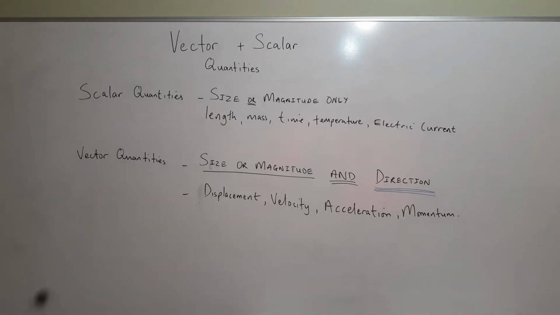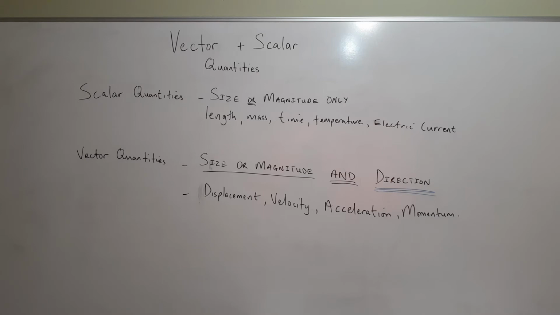So if we're looking at, let's say, the mass of an object, it can be 20 kg, 10 kg, 100 kg, right? We only describe how much in terms of the quantity, 100 in this case of 100 kg, and so on. So some quantities are described only by the amount, their size, or their magnitude.